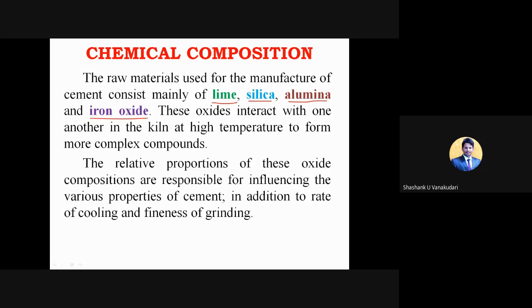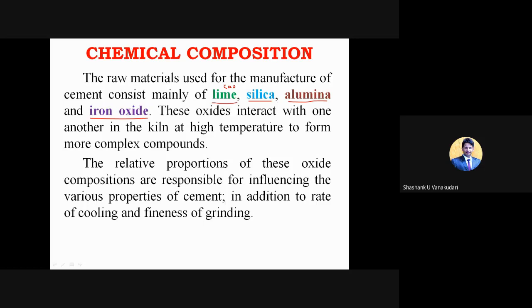These are the major raw materials used in the manufacturing process of cement. And as you know, lime is a calcareous material which is rich in calcium. The chemical formula for lime is CaO, that is calcium oxide. This is the main chemical composition present in cement, and then silica, alumina, and iron oxides, in the standard proportions as per the Indian standards, should be present in the cement sample.